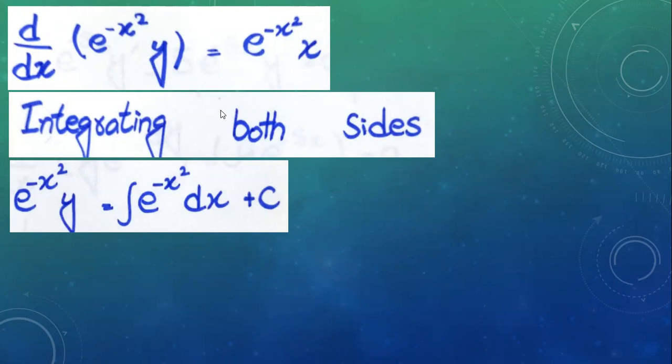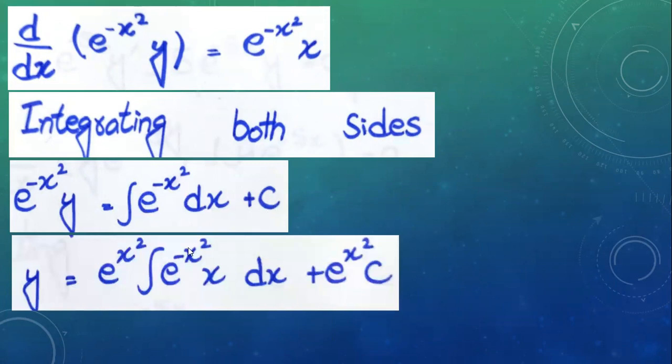On the other side I have the integral of exponential minus x squared times x dx. To obtain y, I will divide both sides by exponential minus x squared. It will be cancelled on this side, and on the other side it will be multiplied by exponential x squared, and the term with c will also be multiplied by exponential x squared.